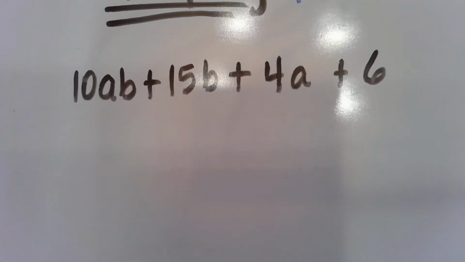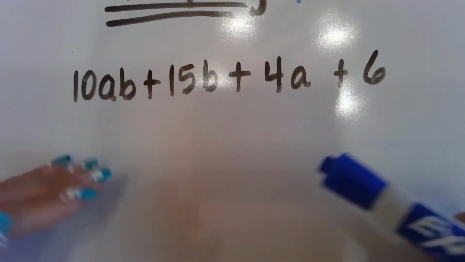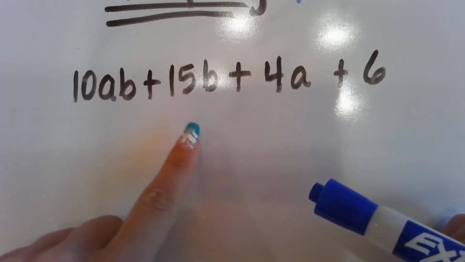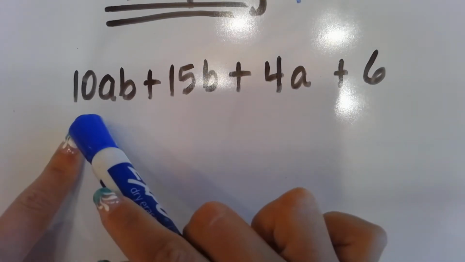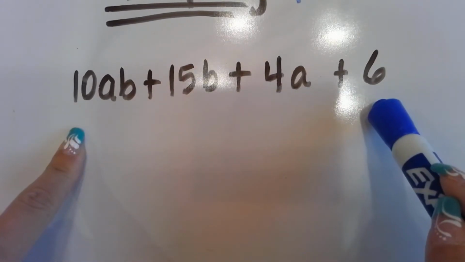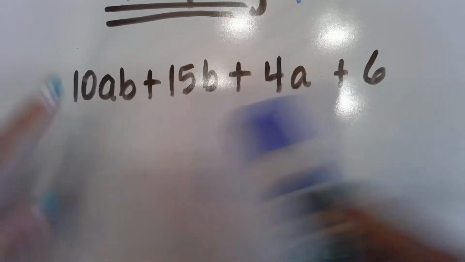Okay, so let's go ahead and start the process of grouping them. As you can see, we have 4 terms, and factor by grouping works with 4 of them. So 1, 2, 3, 4. What we're going to do is literally group them.